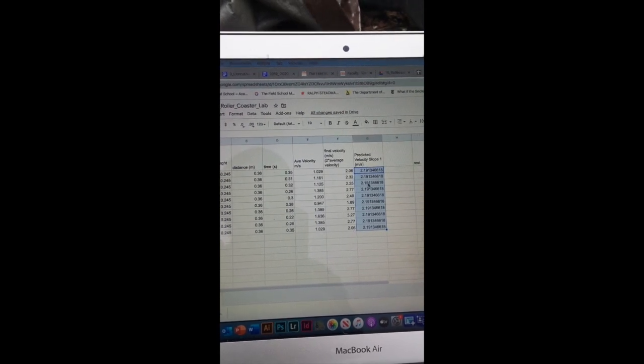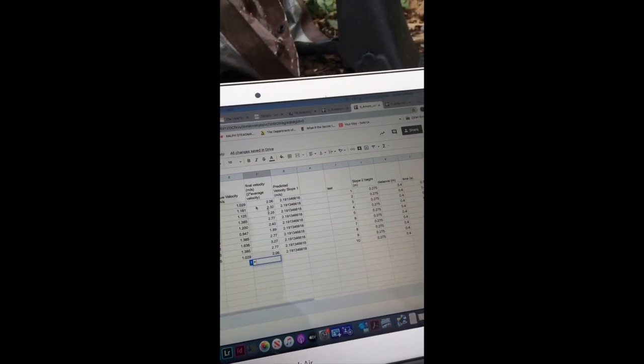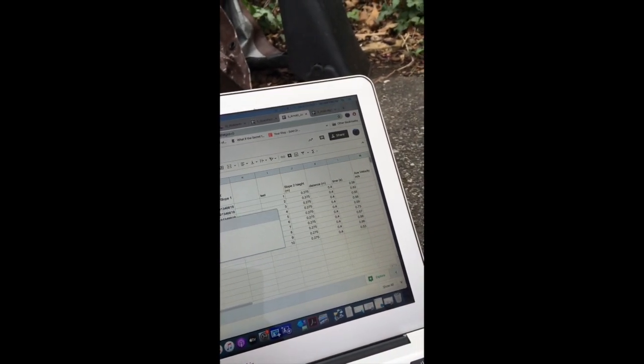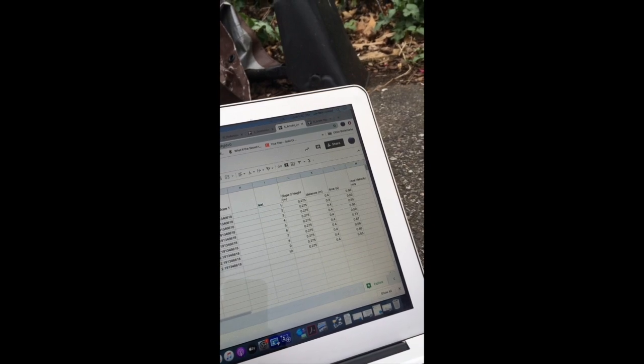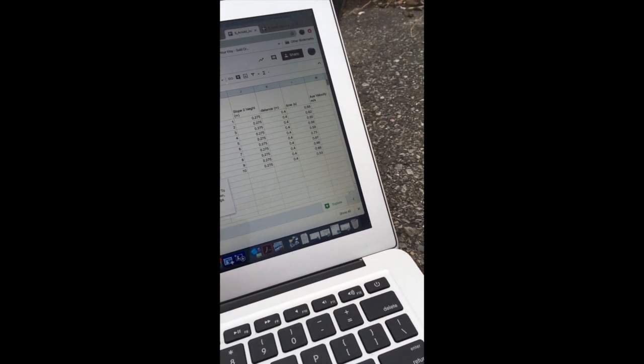My predicted final velocity. So this here, my average is going to be what I want to compare that to. And it looks pretty bad for me. It looks like my hypothesis on this first steep slope was not verified.